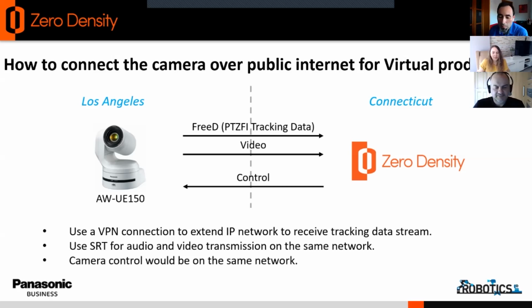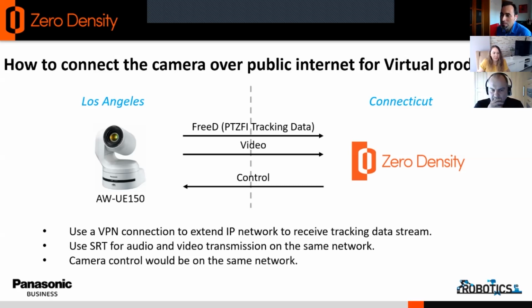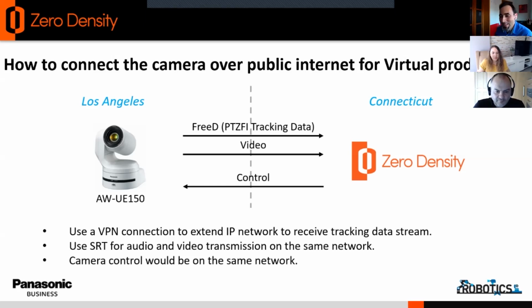I think we are getting more and more, not only because of the current situation, this situation of having cameras in one place, and the control and maybe also the reality engine in another place, right? It could be different studios or different buildings or different cities or even different customers.